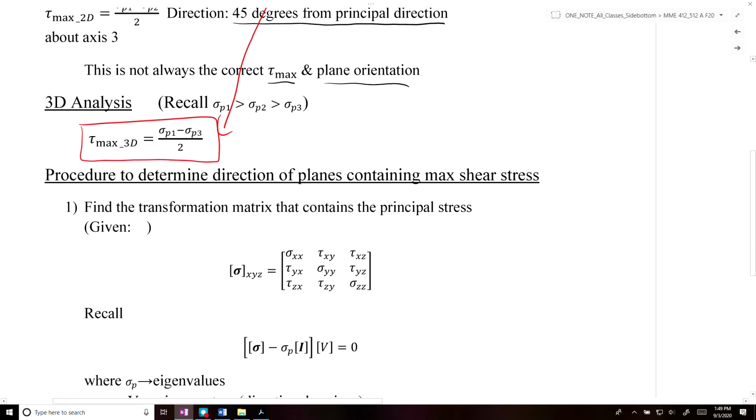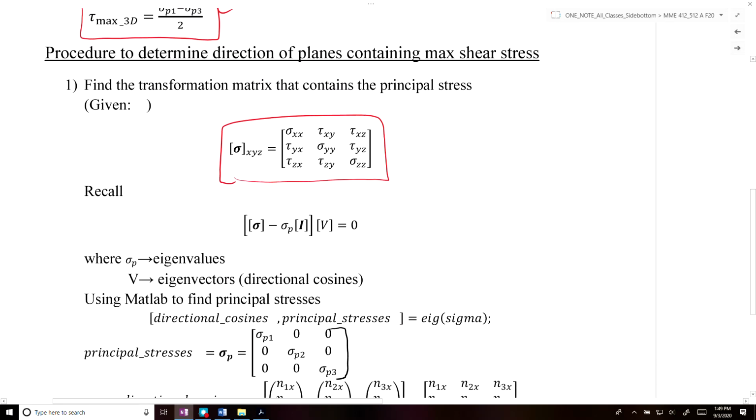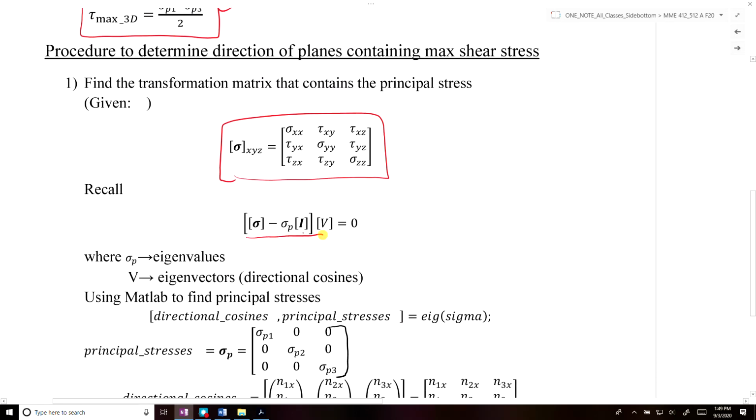If you're given a stress state in 3 dimensions in the XYZ coordinate system, you can determine the principal stresses using the determinant of the original stress matrix minus the principal stress times the identity matrix.